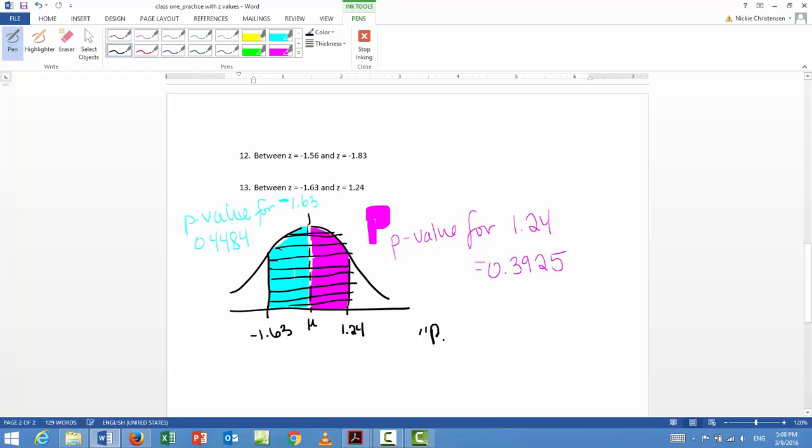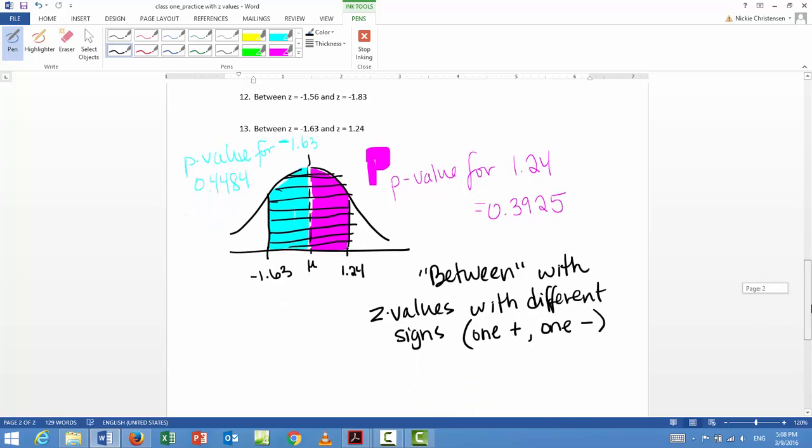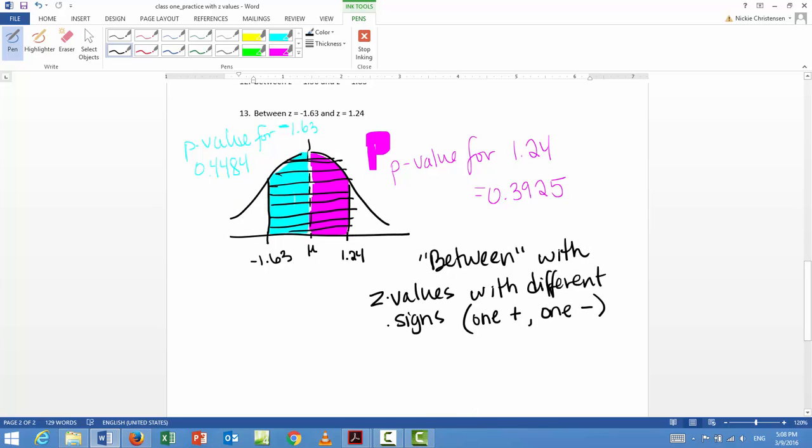Doing a between problem with z values with different signs, what I mean by that is one positive, one negative, all we have to do is add their p-values.